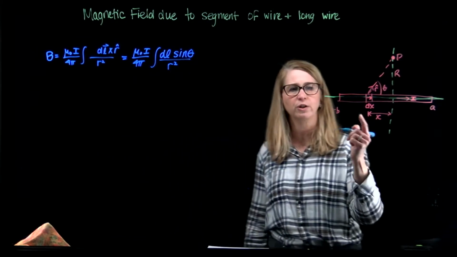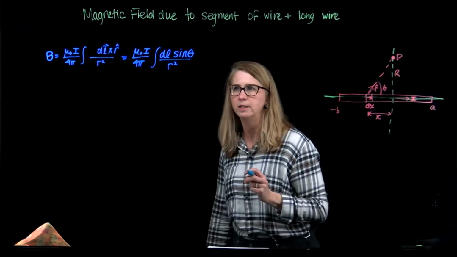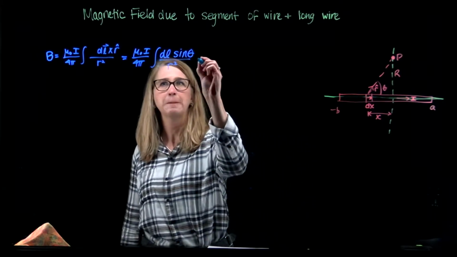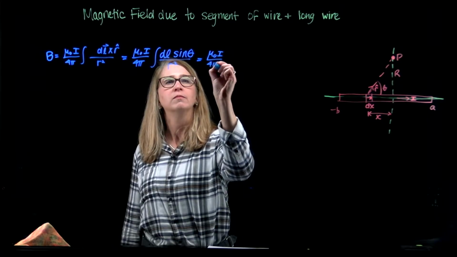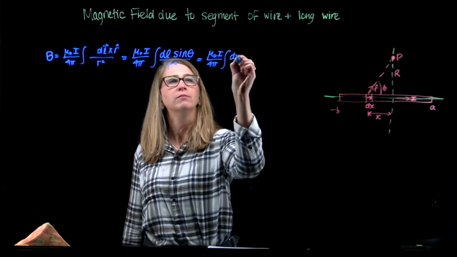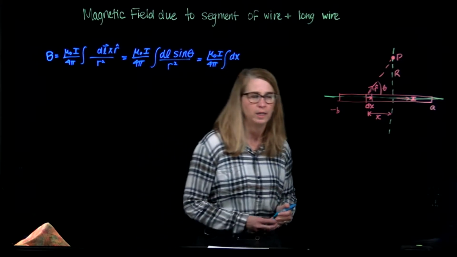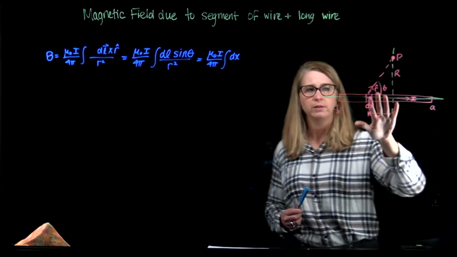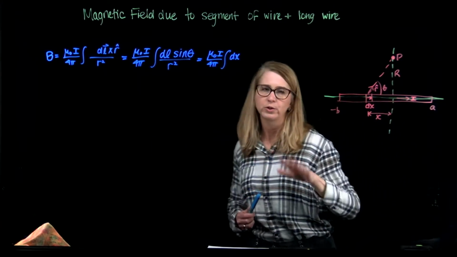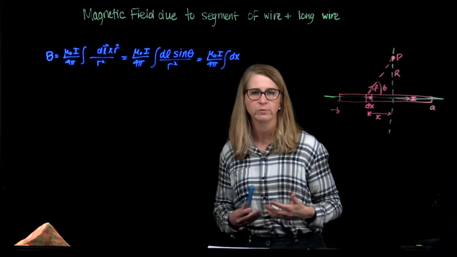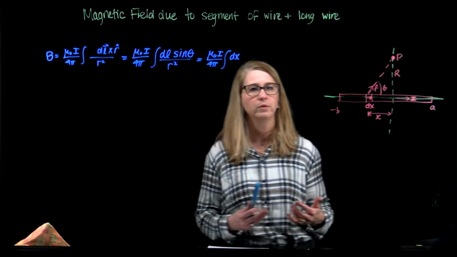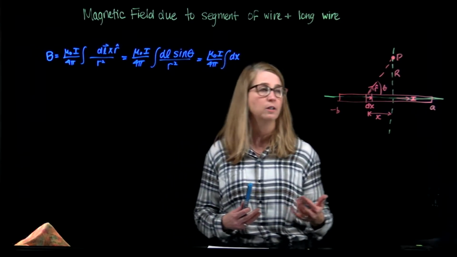Now, in my picture, the segment of wire that is dl is actually dx. And then I'm going to want to write the sine of theta and r squared in terms of some other variables. The dx really tells me that x is the variable that I'm integrating over.